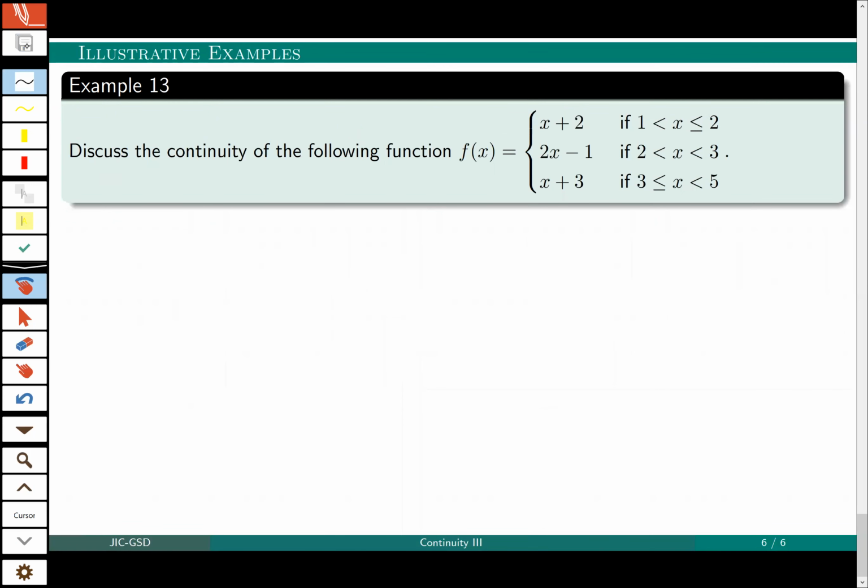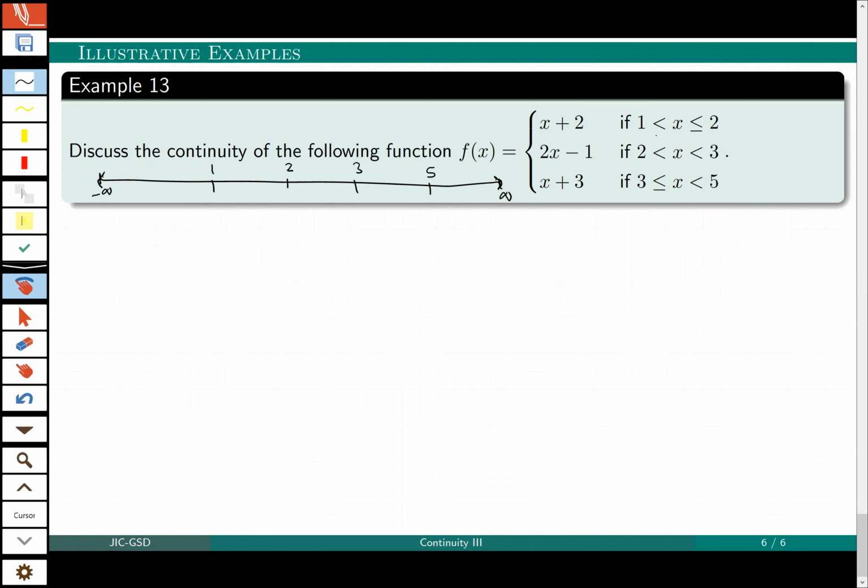Now here it says discuss the continuity. That's our last question. Here we have minus infinity and plus infinity. We have 1, 2, 3, and 5.